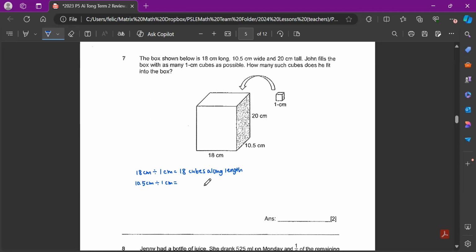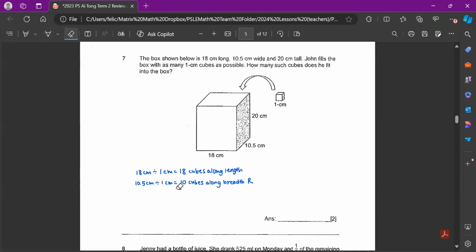So the way to do this is you should only write 10 before the decimal point. So that means 10 cubes along the breadth. But you should also go on to create the remainder. So how to create the remainder?